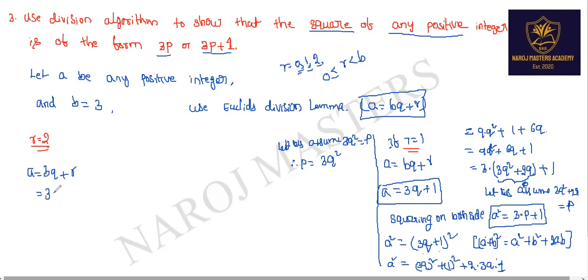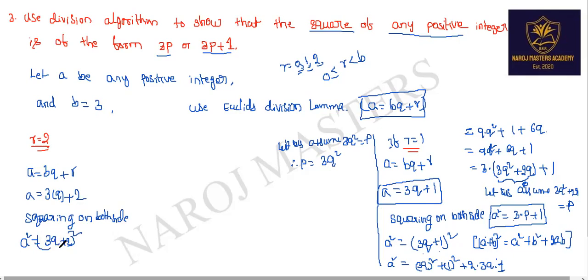Substitute b is 3 here and q is q only, plus r is 2. a is equal to 3q plus 2. Now squaring on both sides. a square is equal to 3q plus 2 whole square.